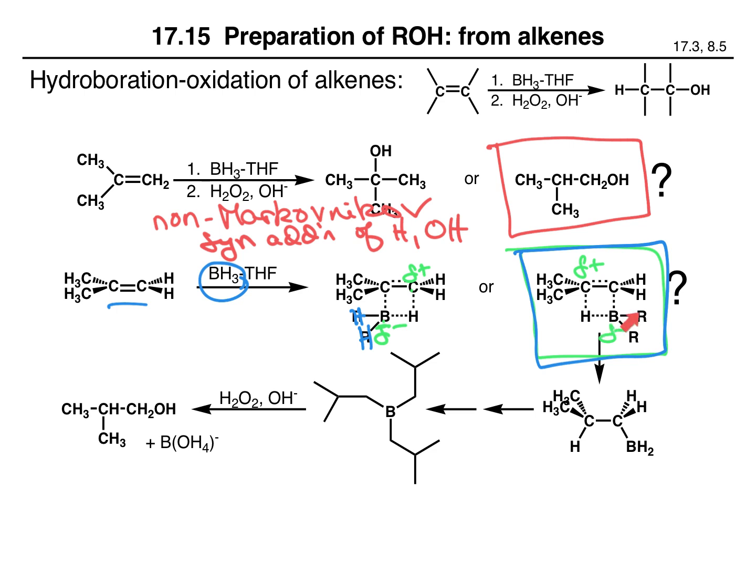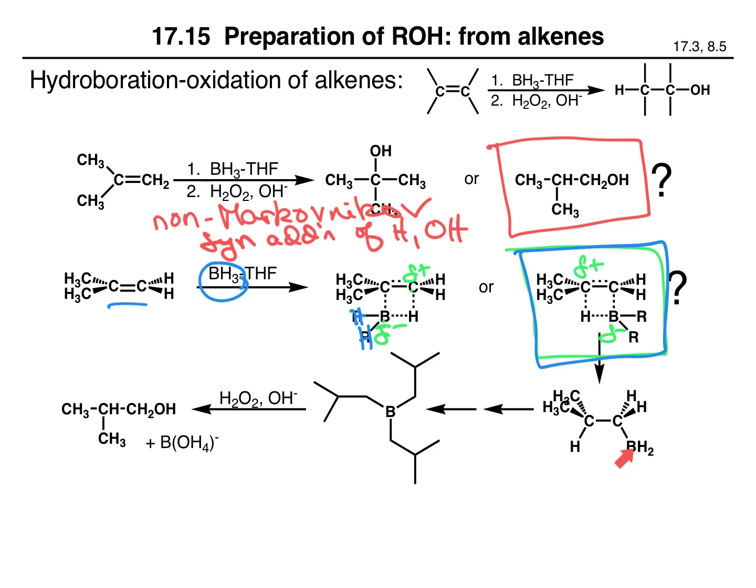So syn addition of the borane leads to syn addition of the H and the OH across the double bond. From this alkene, it reacts with BH3. This is the preferred transition state leading to this intermediate.